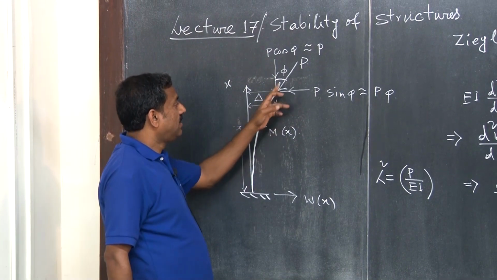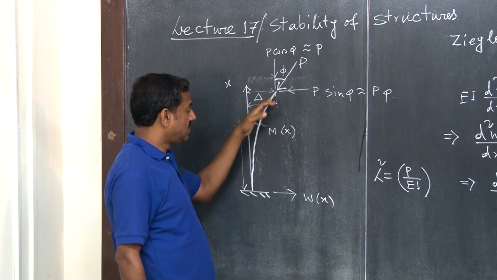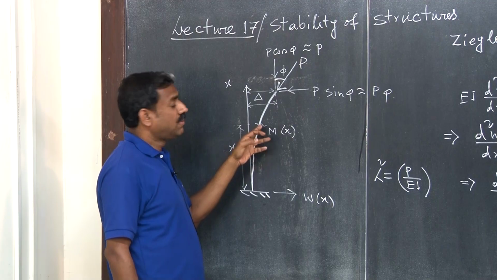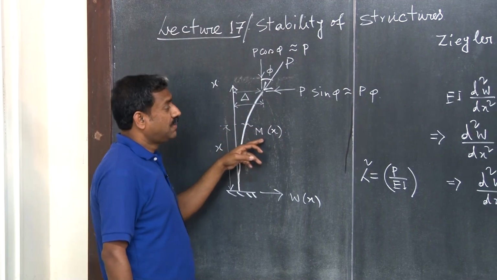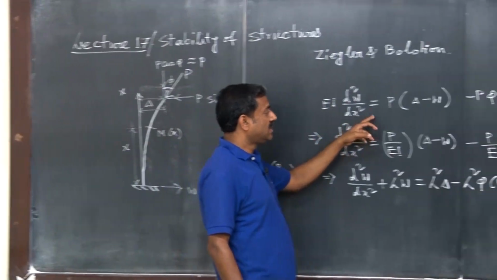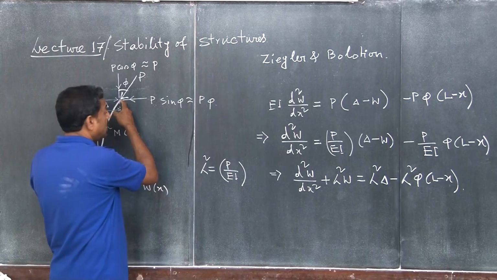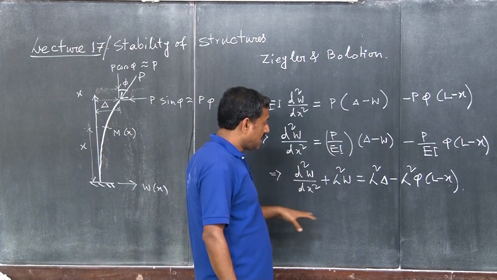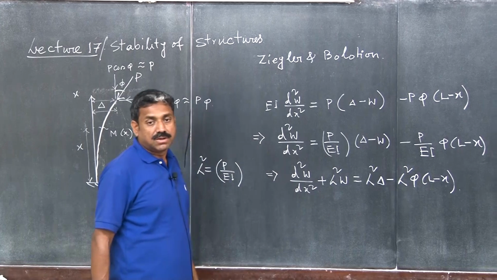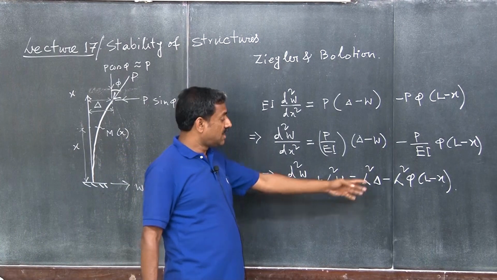If it is following this, we define this angle phi, the tangent, and then we write down the bending moment at any section at a distance x, and the bending moment, EI d2w/dx2, is something like this. Capital delta is nothing but the deflection at the end, and then we obtain this equation, which is a linear differential equation, inhomogeneous with a right hand side term.